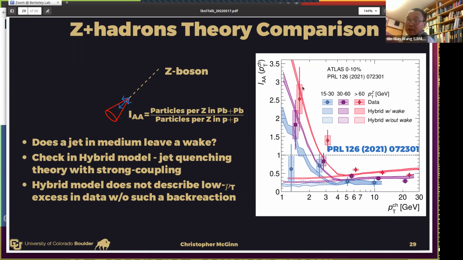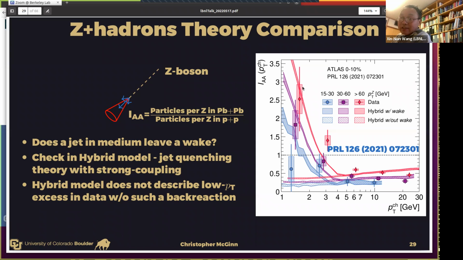The comment here is that the hybrid model is a very strange model. Without a wake, it does not have any radiated gluon inside the jet cone, it just loses energy, so it only has a suppression of leading particles. It puts all the energy lost through elastic scattering or radiation into the energy deposition as a jet wake.